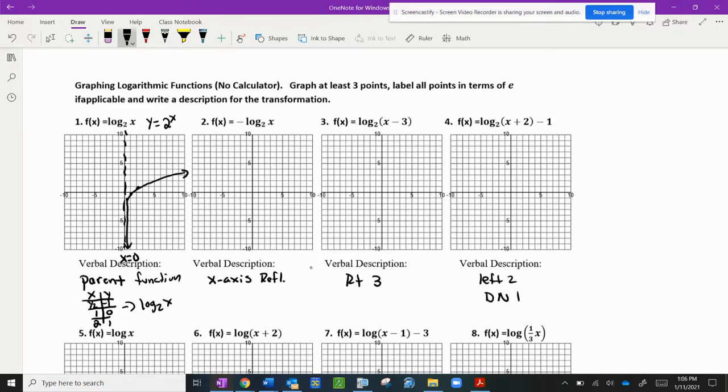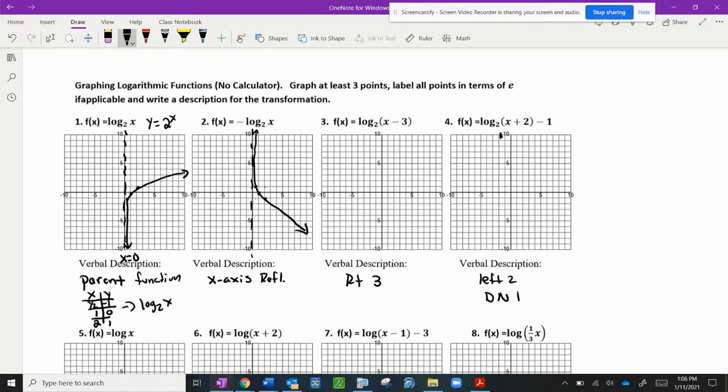And then I'm just going to do the reflection across the x-axis here. So that doesn't change this asymptote. It's just going to take this (1/2, -1) and bring it up here. And same point here. And then this (2, 1) becomes (2, -1). And so we're going to approach the asymptote. It's just going to do it like that.